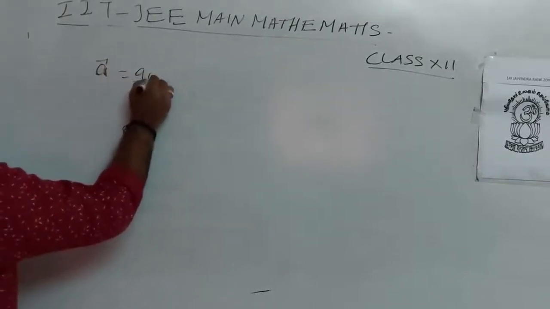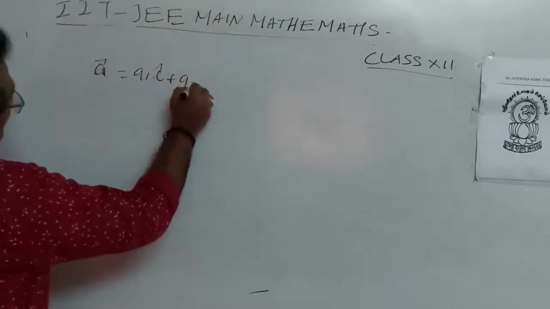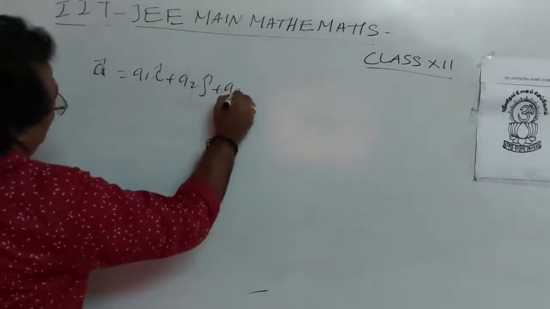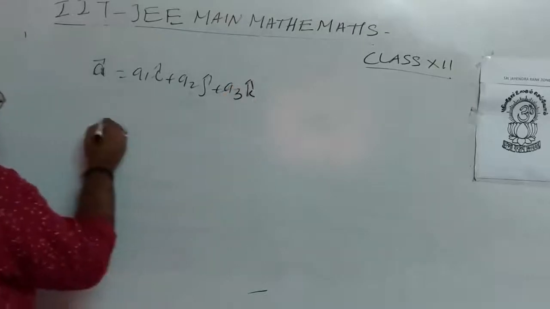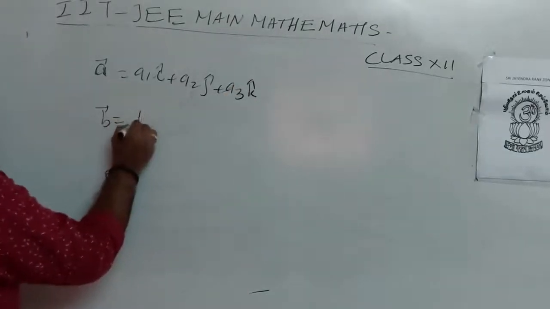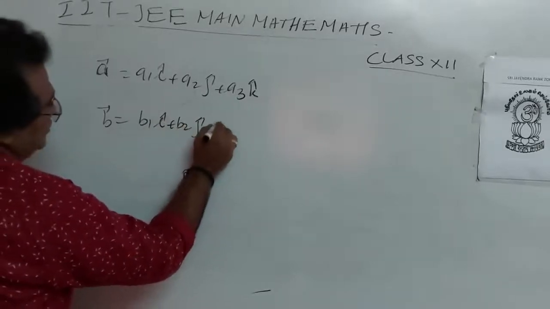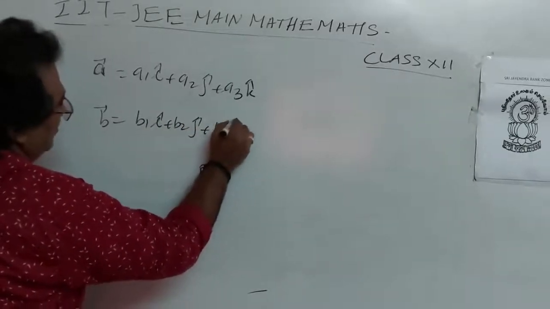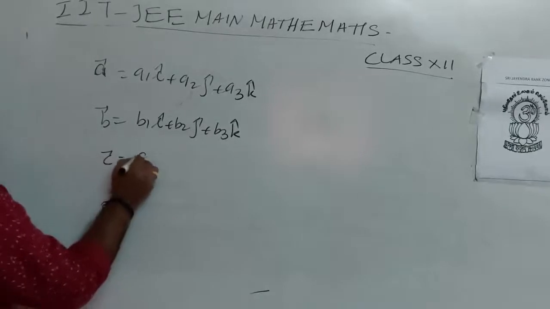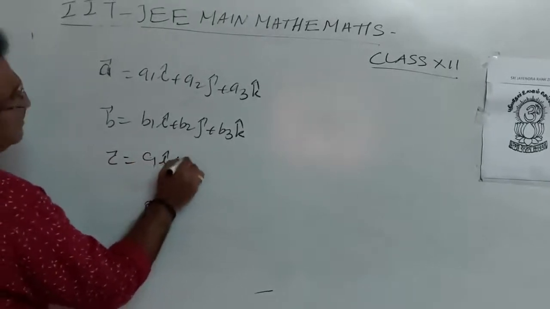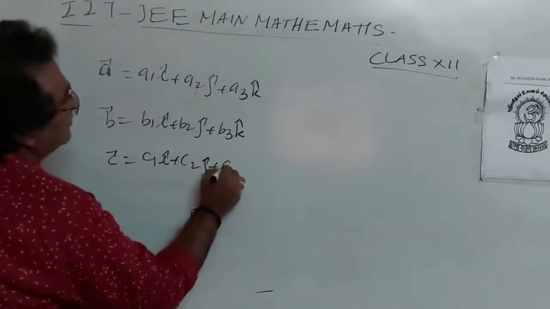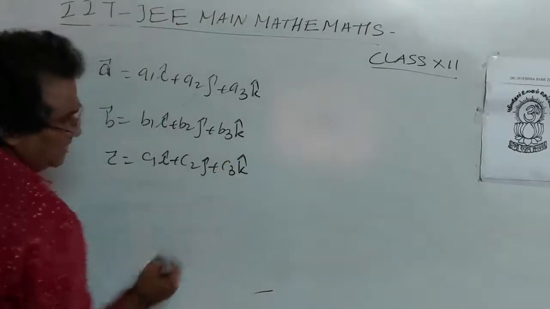A vector equal to A1i plus A2j plus A3k. B vector equal to B1i plus B2j plus B3k. C vector equal to C1i plus C2j plus C3k.